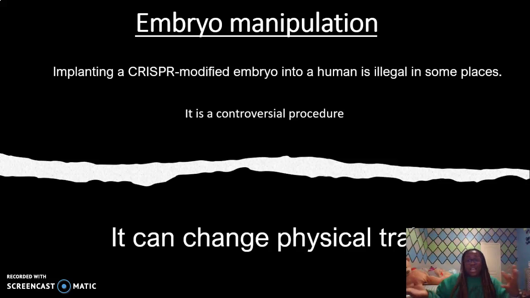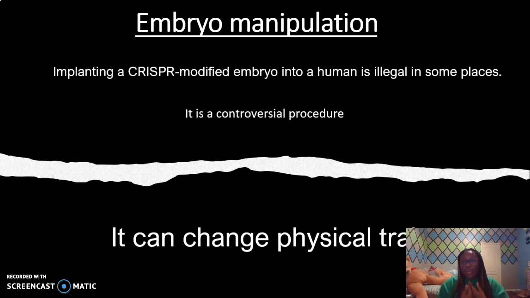physical traits. What I mean by changing physical traits is, let's say my parents have a homozygous gene for brown eyes, so that would be capital B for both of them. I, myself, will have brown eyes. Now, let's say they went through embryo manipulation for me.